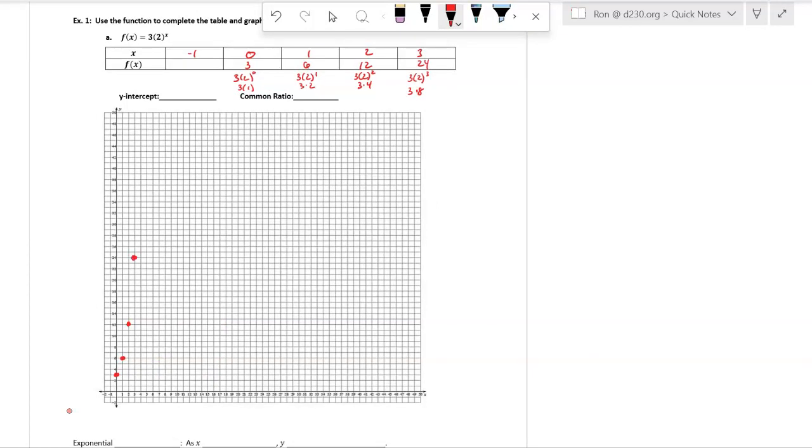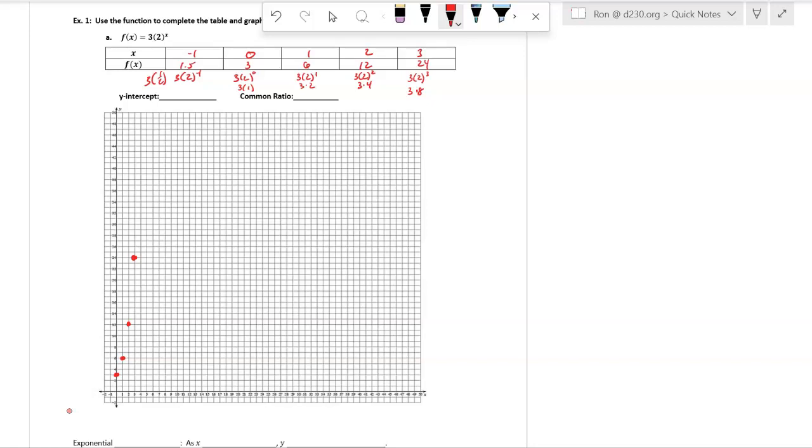Now, if I wanted to work backwards here to -1, just let you know that's kind of going to be an ugly number. 3 times 2 to the -1. And you probably haven't done enough exponents yet to know that that's the same as 3 times 1/2, which ends up being 1.5.